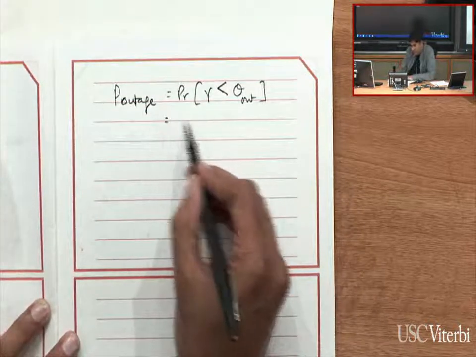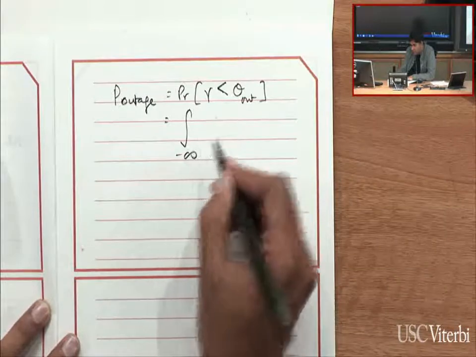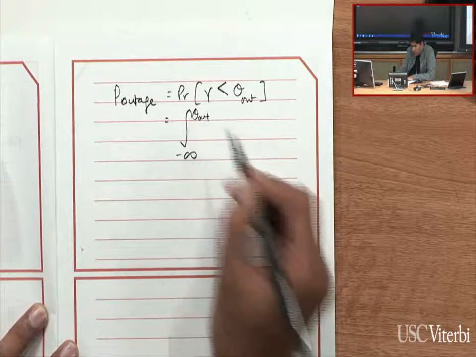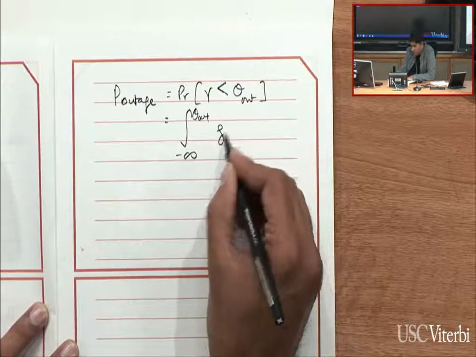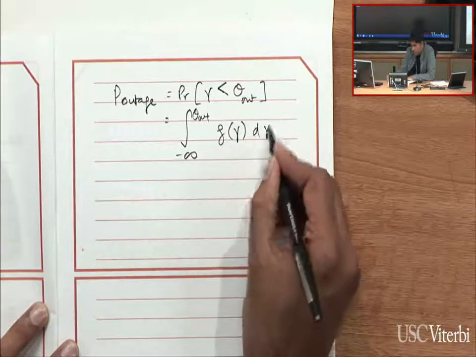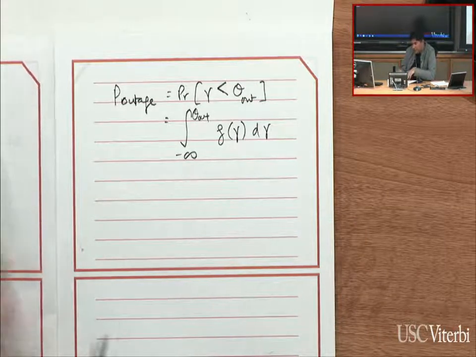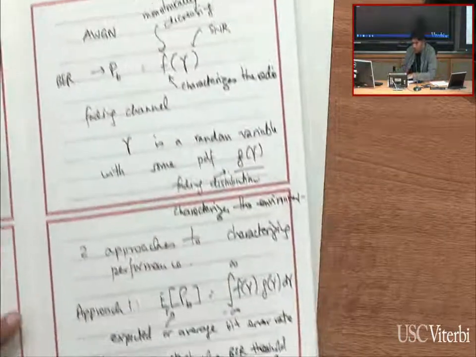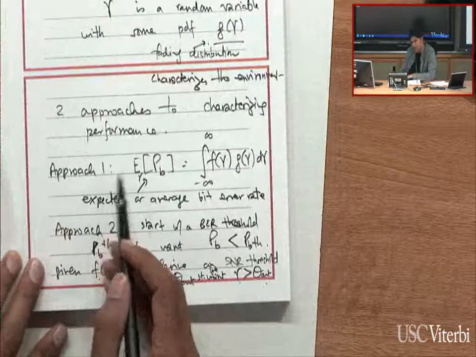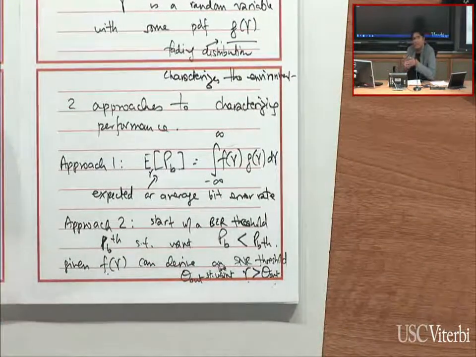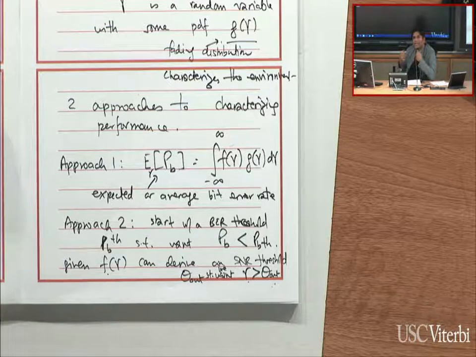And this would just be the integral from negative infinity to the outage threshold of your fading distribution. The second approach of computing an outage probability is different in that it's not giving you the average error rate at that point. It's just saying that if my application is satisfied with a certain bit error rate, this is how often I am unable to achieve that.